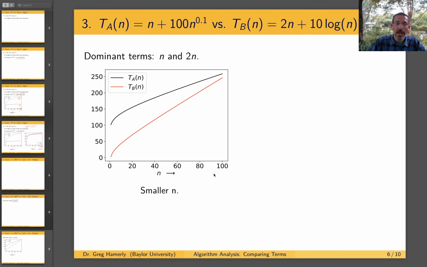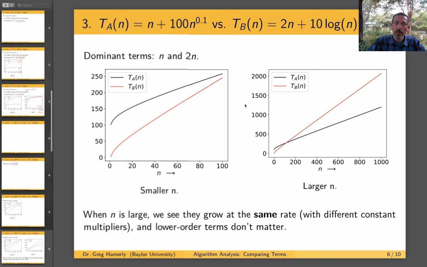Well, when n is small, it looks like 2n, the a function, is growing faster than the b function. But as n grows really large, up to 1,000, then again, a is being dominated by b. But there's a catch here. This is actually a trick question.